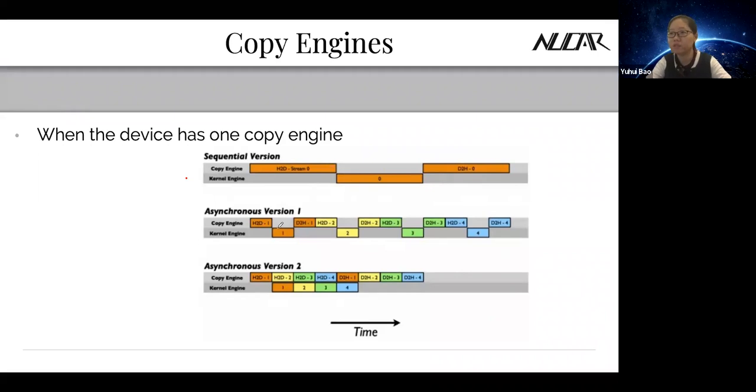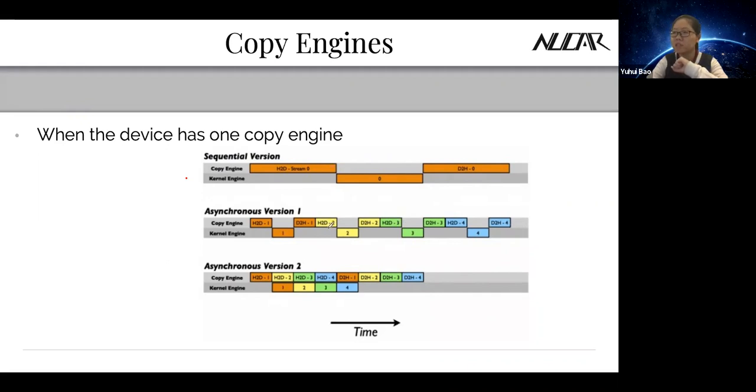This is the first version. Do the first part in one stream. This is stream one, stream two, three, four. But you can see in this version there's no performance improvement.